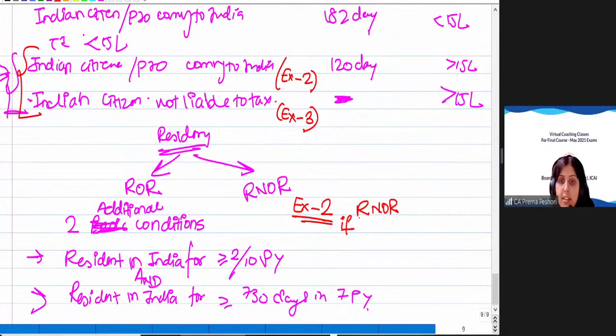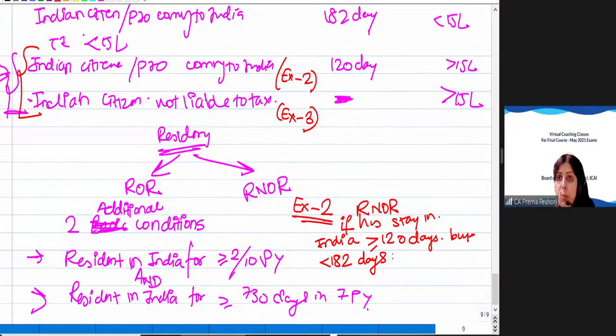So if his stay in India is greater than 120 days but less than 182 days, he would be considered as resident and not ordinary resident.